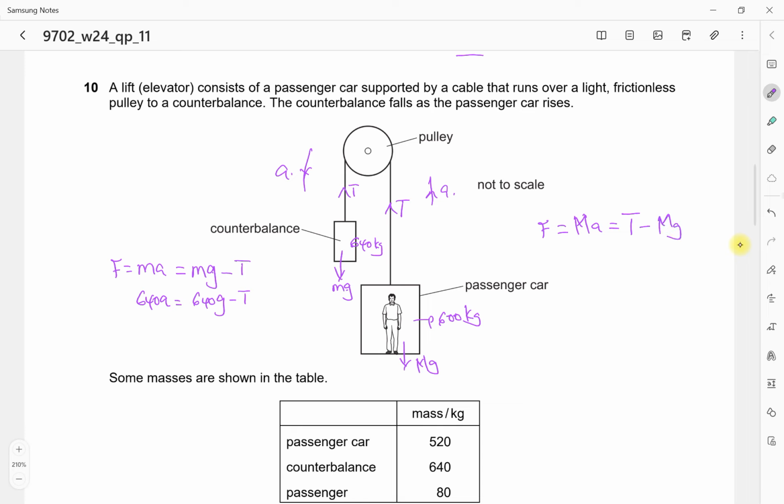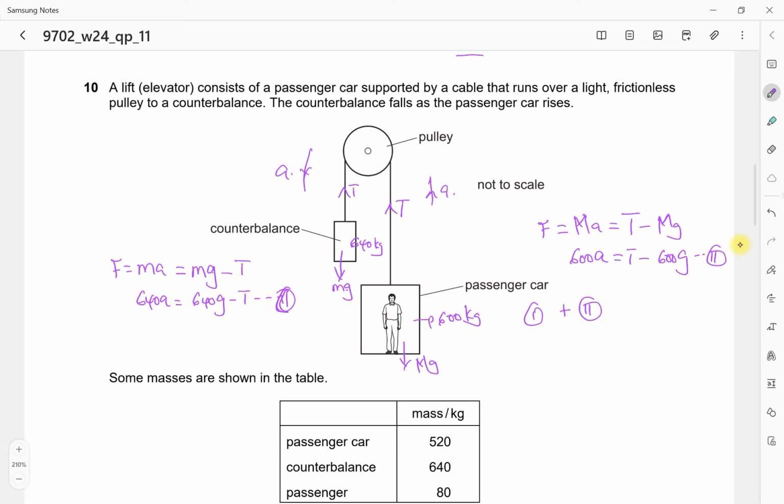So capital M is 600, times the acceleration, which is the same, equals the tension minus 600 times g. So this is going to be the second equation if this was my first equation. So I'm going to add equation 1 plus equation 2.